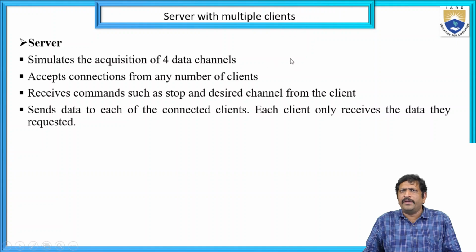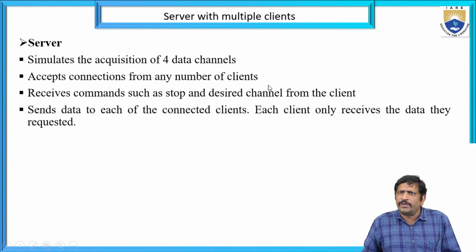Any channel can be desired. Now the server sends the data to each of the connected clients. Whatever clients are connected to the server, it sends the data to them at a time.